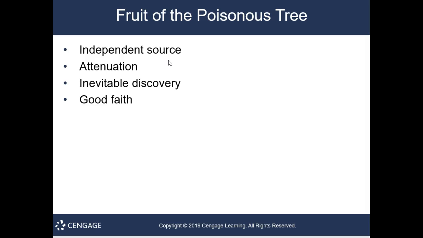There's also an attenuation doctrine, and what that says is sometimes the taint of the illegal activity has attenuated so far that we're not going to connect the two any longer. A good example of that would be you have an illegal confession, and they tell you about certain other people who were there at the scene when the crime was committed, and then you go out and talk to those other witnesses and you get all that evidence.